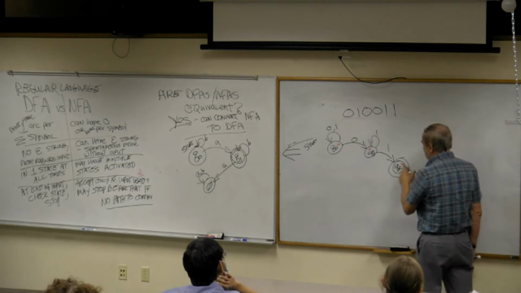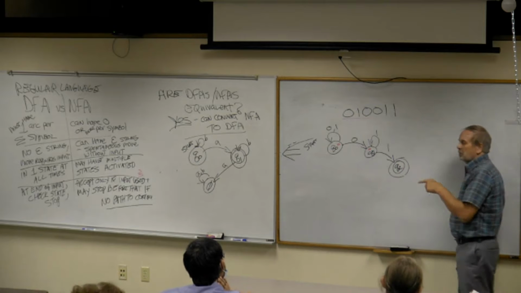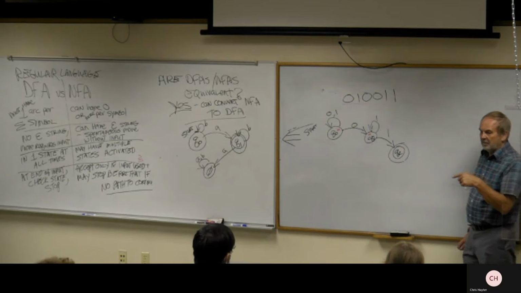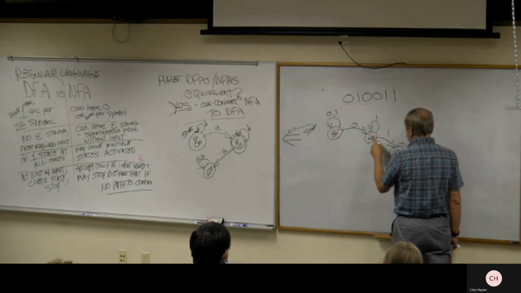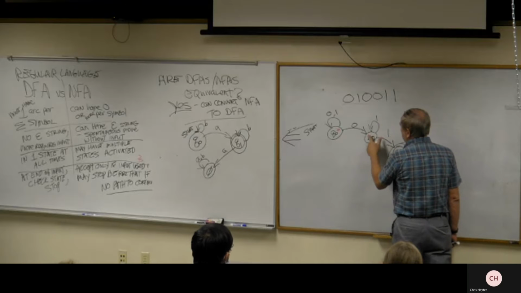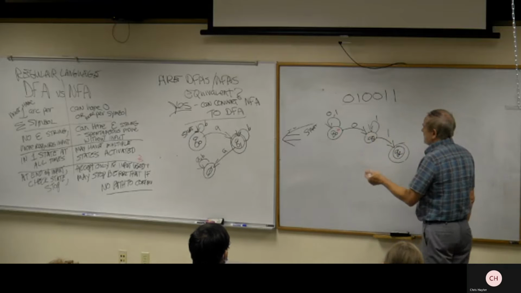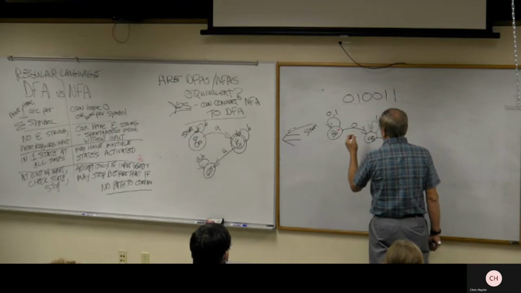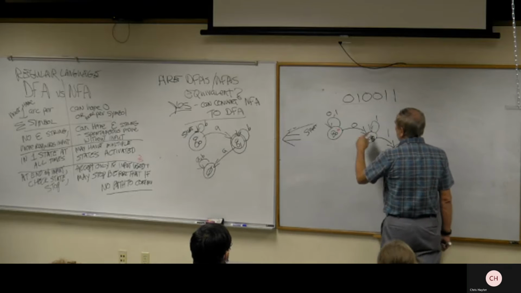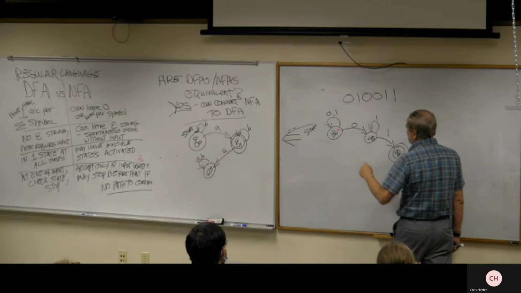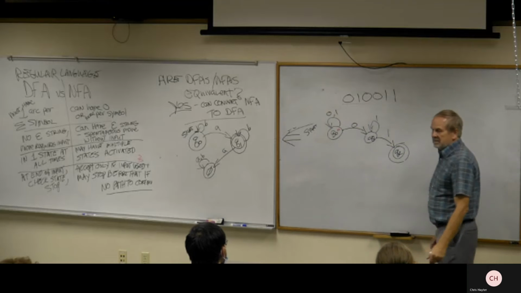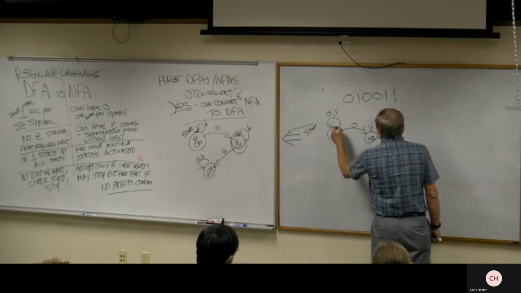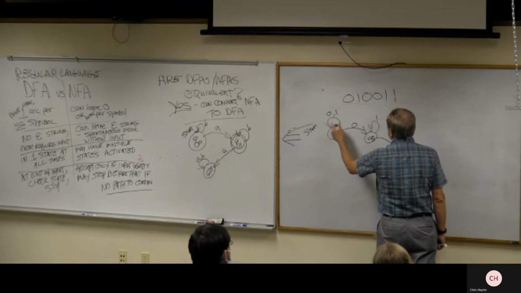So that path is unsuccessful, so that is no longer activated. If it's in Q1, it sees a 0. It can't go anywhere, so that one's no good. So what that's telling us is we shouldn't have gone down the alternate paths. We should have stayed in Q0, which would have been the path to potential success. We don't know yet, right?